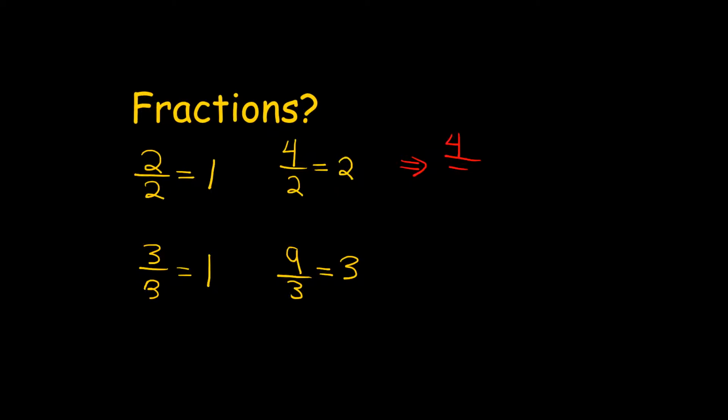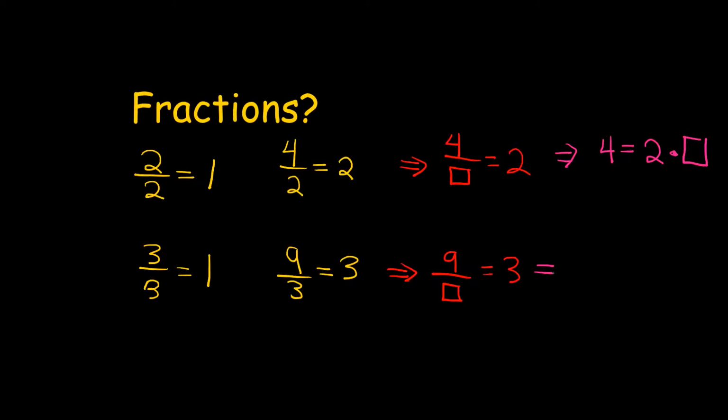Now notice I've been saying division the whole time. So what if we rewrote these problems similar to what we did before? So 4 divided by what is 2? 9 divided by what is 3? So we'd have to rewrite these over, thinking in terms of opposites, because when you're working with fractions, it's the same as division. So we want 4 equals 2 times what?